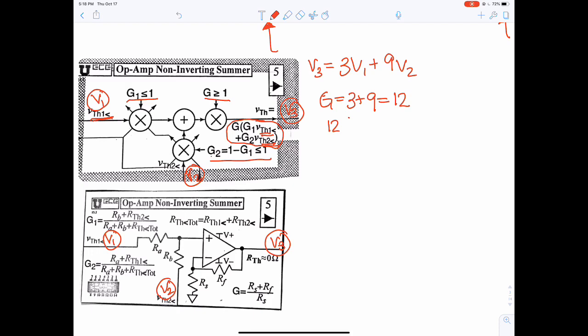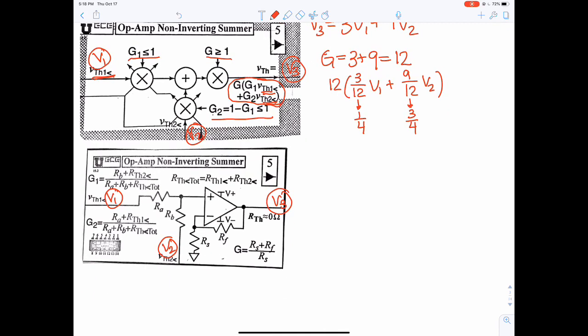And if we multiply 12 by G times 3 over 12 V1, that would give us 3V1. And if we did 9 over 12 V2, that would give us 9V2. So this could be reduced down to 1/4, and this would be down to 3/4.